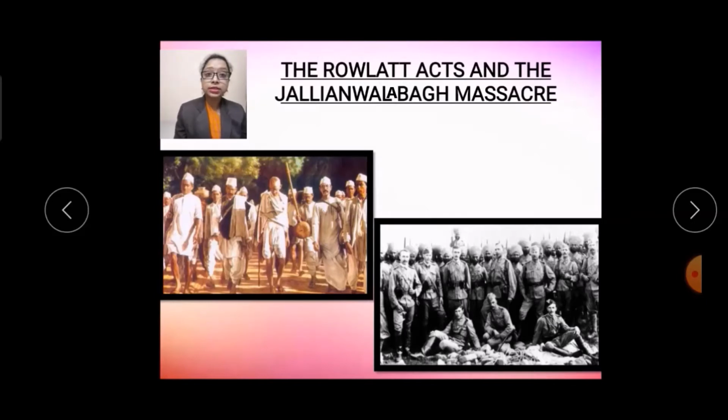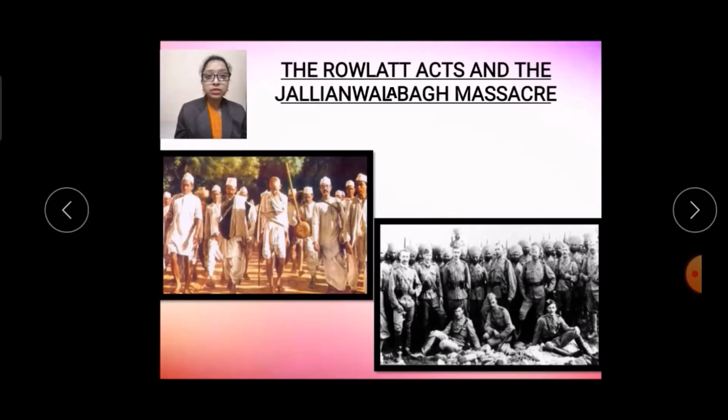In 1919, the British passed new laws called the Rowlatt Acts. What were these laws which the British made? Under these laws, the British could arrest anyone without a trial.